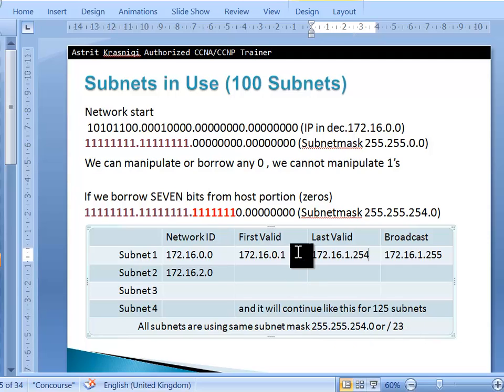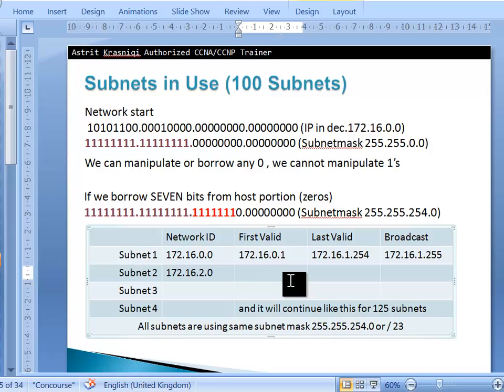So from 0.1 to 1.254 is actually 510 hosts. Okay, 0.1, 0.2, 0.3, 0.4, 0.5, and so on up to 0.255. Then it will be 1.0, 1.1, 1.2, 1.3 up to 1.254. And the broadcast is 1.255.